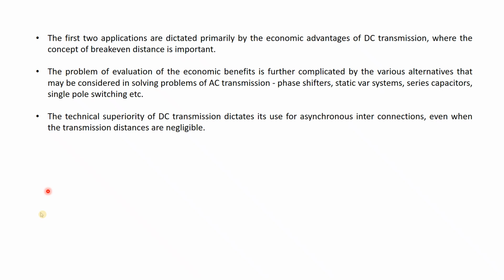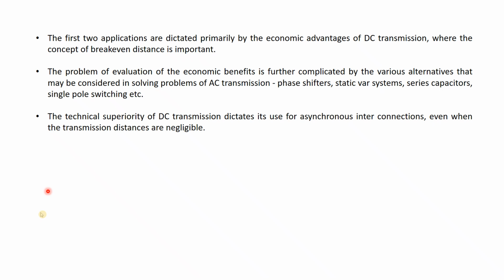The technical superiority of DC transmission dictates its use for the asynchronous interconnection even when the transmission distances are negligible. So that means HVDC is generally used for very long distances and for bulk power transmission. But in a few cases where the distances of power transmission are small, there are areas where asynchronism is often seen, that means interconnection of different alternators or synchronous machines which run at different frequencies.